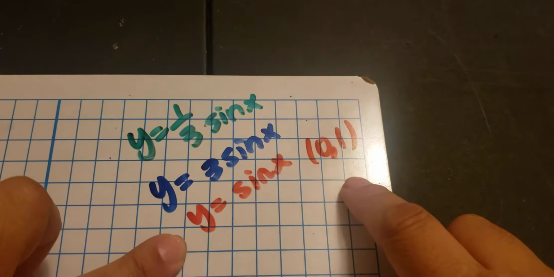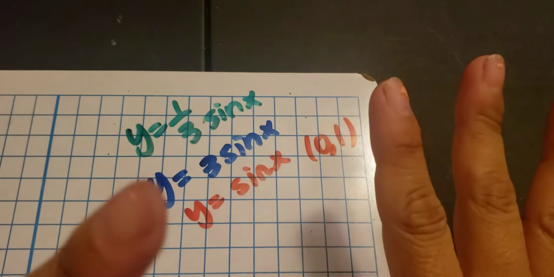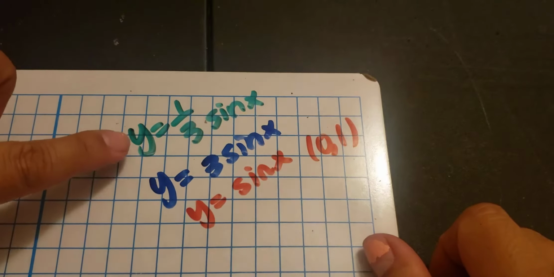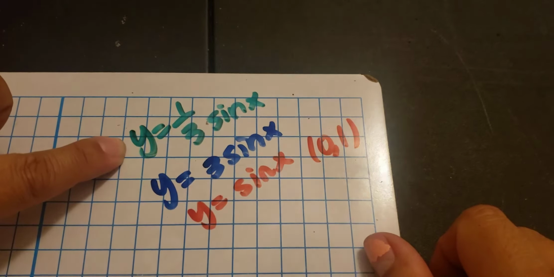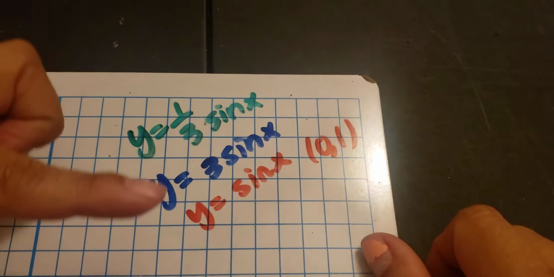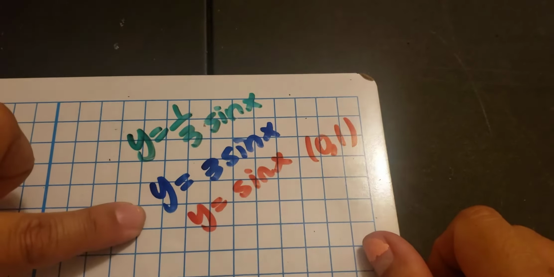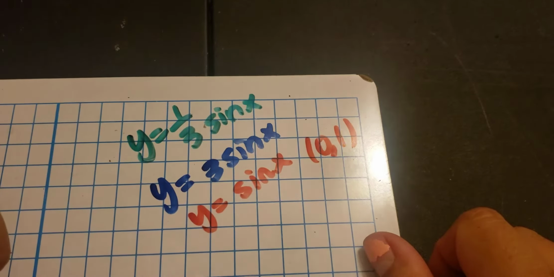I wrote it just to remind you that our first point started at 0, 1. One thing I didn't mention earlier is that our amplitude here is 1/3. That means as far as our range, it's going to go as high as 1/3 and as low as -1/3. Our amplitude here is 3, so it's going to go as high as 3 and as low as -3.